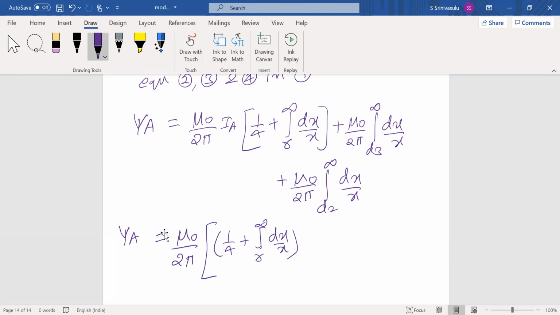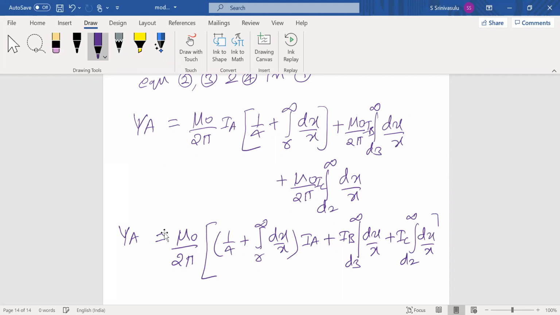Forgot writing here, this is IC current, and this is IB current. Into IA plus the remaining terms, that is IB into integration D3 to infinity dx by x plus IC into integration D2 to infinity dx by x.